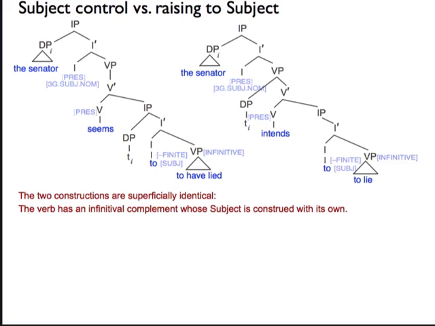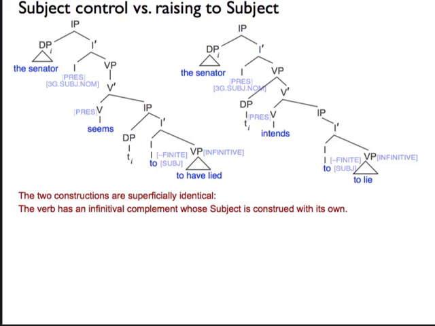the verb, and one of the things that's true about this is that the verb on the surface has an infinitival complement whose subject is construed as being the same as its own, right? That's true about both seems and intend, right? If we say the senator intends to lie, the only possible interpretation is that the senator has some intention, and that intention is that he, the senator, lie.